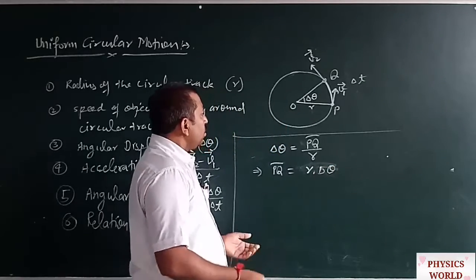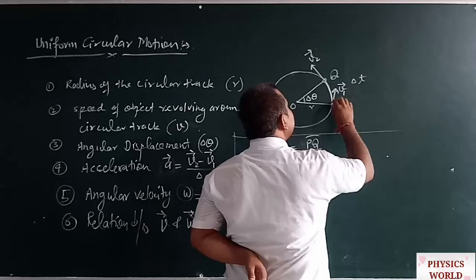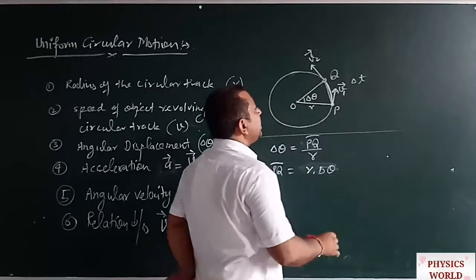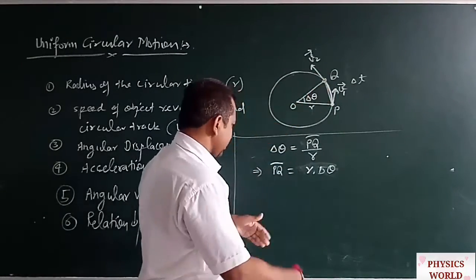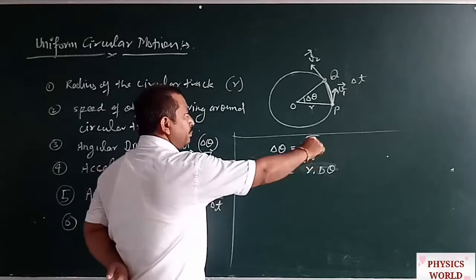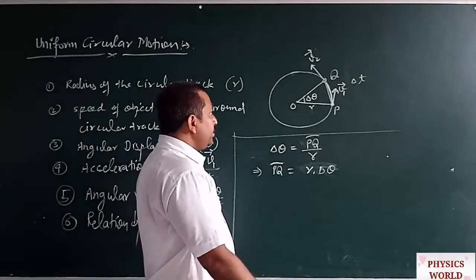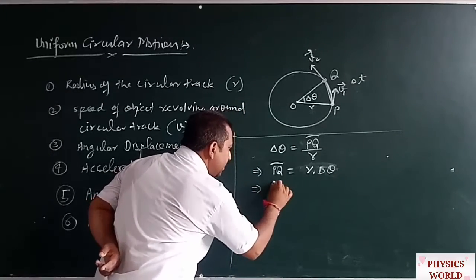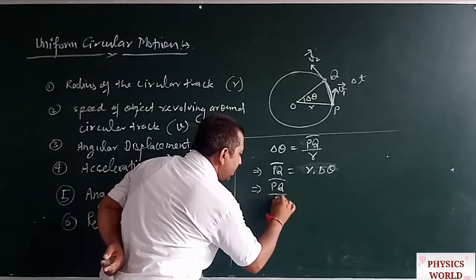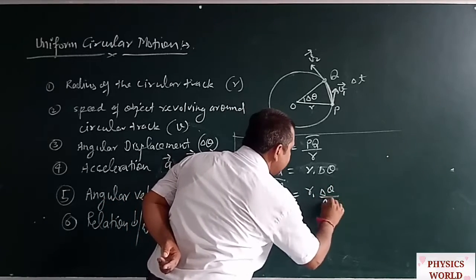Now what is the value of this arc length? If we assume that both points are very close to each other, so delta t is very small, and we divide by delta t on both sides, then we get arc PQ divided by delta t equal to R dot delta theta by delta t.